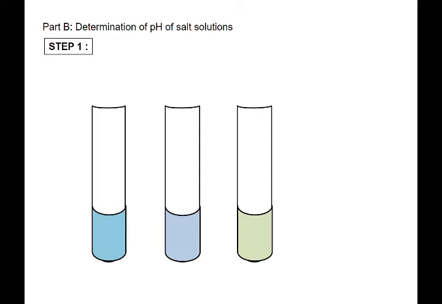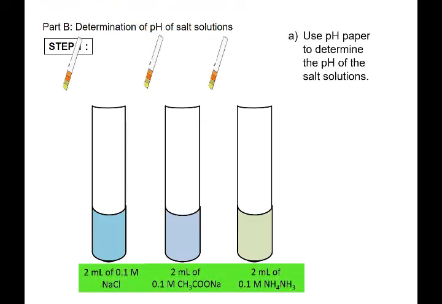Part B. Determination of pH of salt solution. Step 1. Prepare 3 test tubes and fill the test tubes with 2 ml of each of the following solution. Use pH paper to determine the pH of the salt solution.